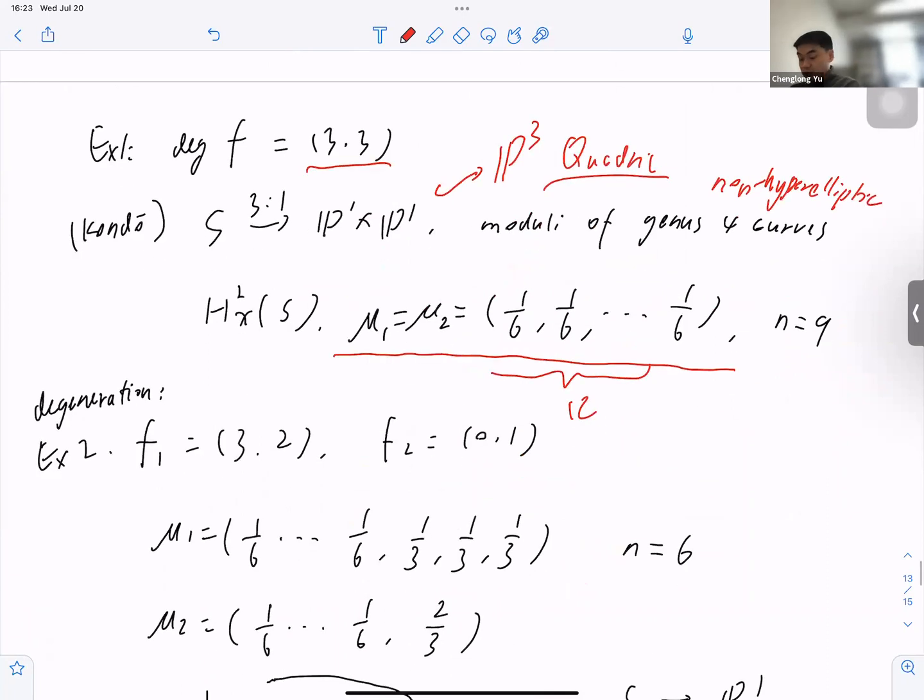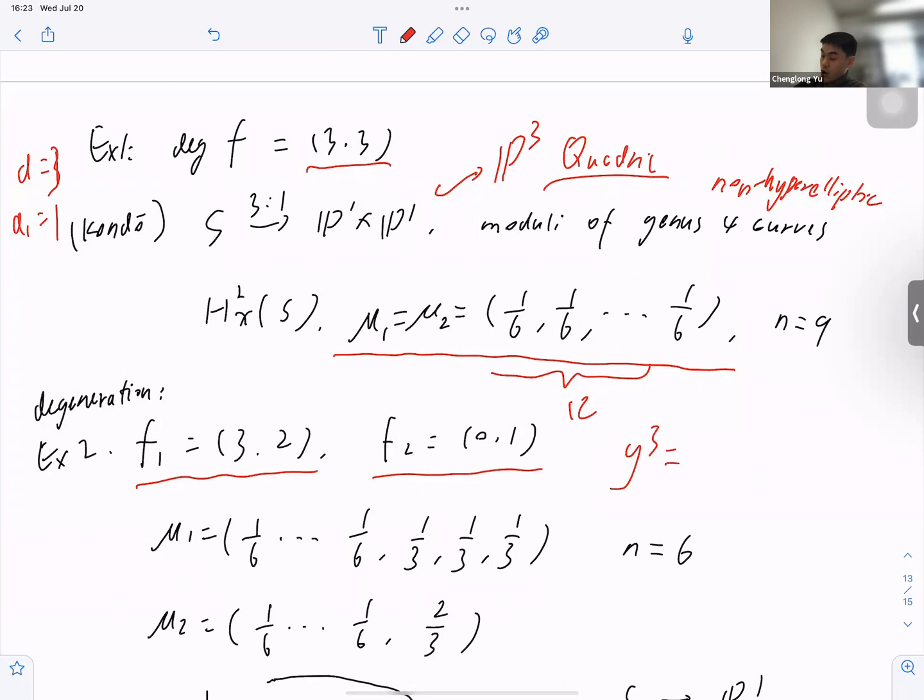And we can consider some degeneration of this example. For example, if we consider F1 is a degree (3,2) curve, and F2 is a (0,1) curve. Oh, I forgot to mention here, d is equal to 3, a1 is equal to 1. So it's equal to y cubed F1 times F2.